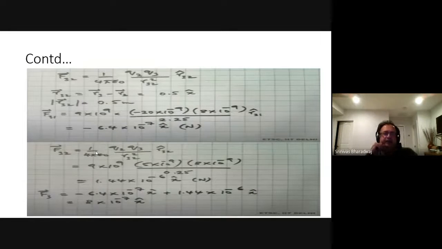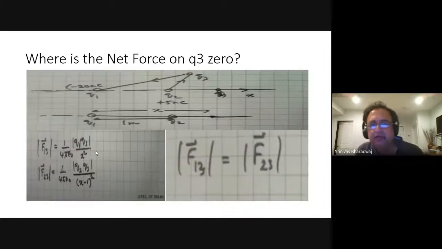You have an electric field at every point, which is the force that a unit charge would experience. Force per unit charge is the electric field, so it is F by Q. If F is K Q1 Q2 by R square, F by Q gives you the electric field. Force per unit charge. So now here's a question where he's asking where the net field is 0.